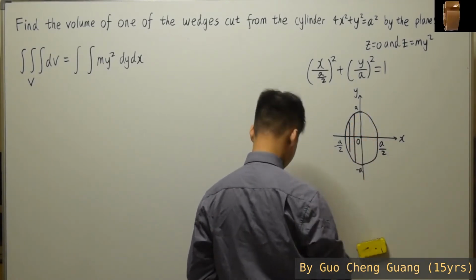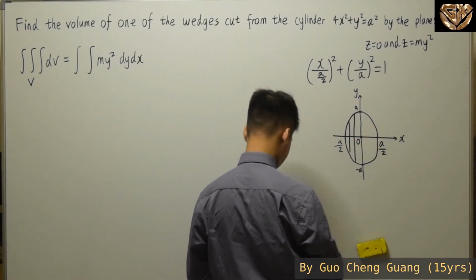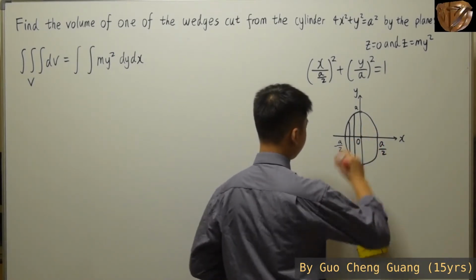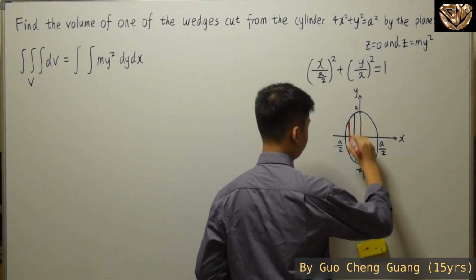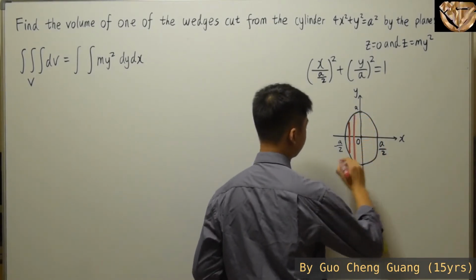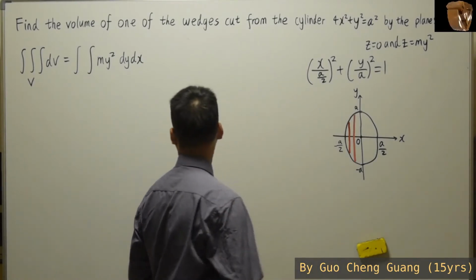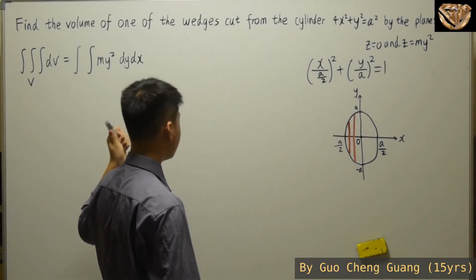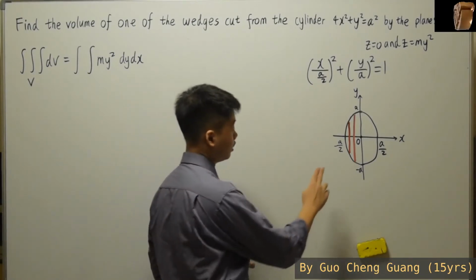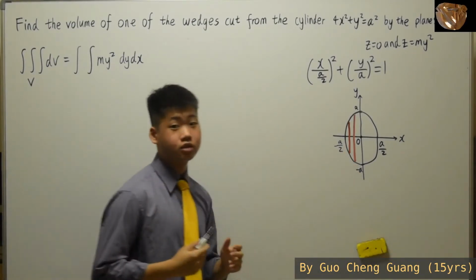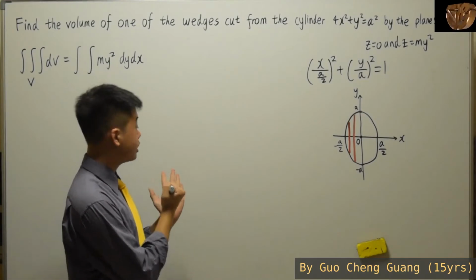So let's just say we do have a little area here. So for this little area, when you have an integrand, you do have a certain height above that small area, above your section.